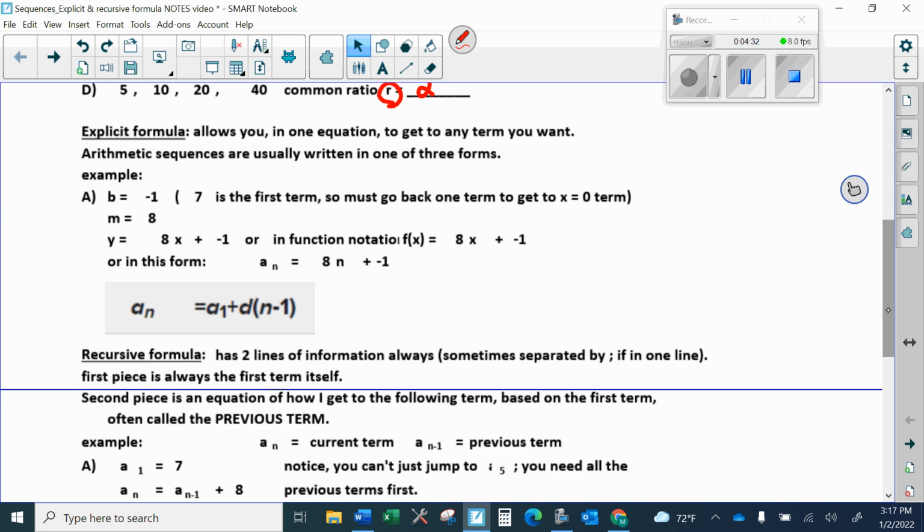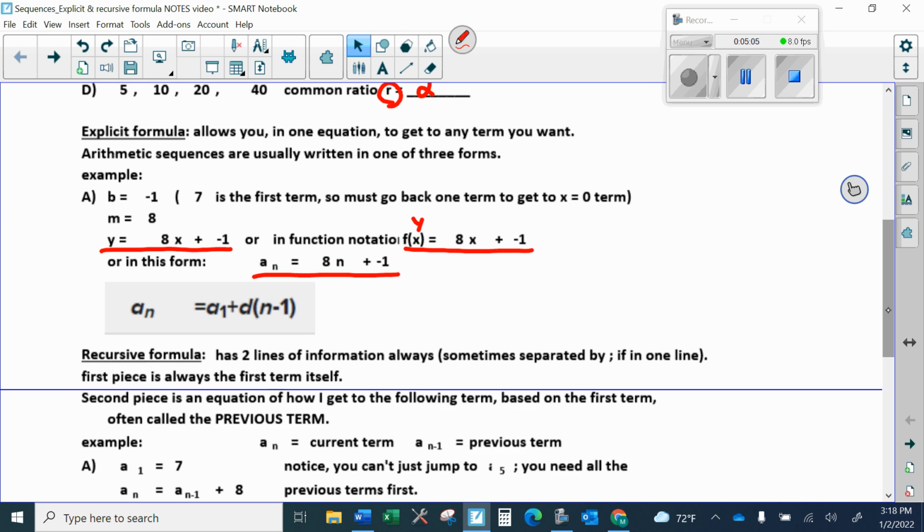Arithmetic sequences are usually written in one of the following 3 forms, either slope-intercept form with y and x in there, or they could write the same thing in function notation. Remember, that's really just like y equals mx plus b. Or you can see it in this form.